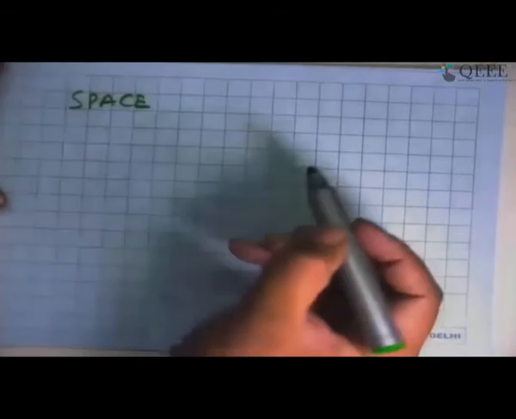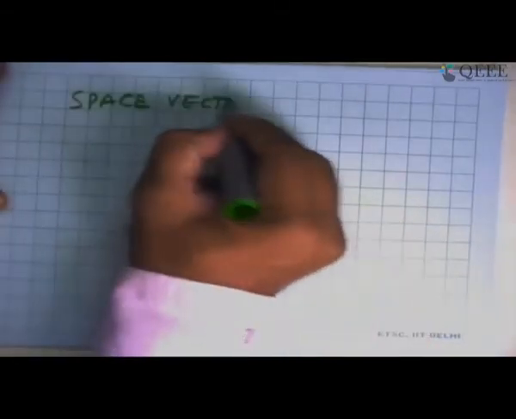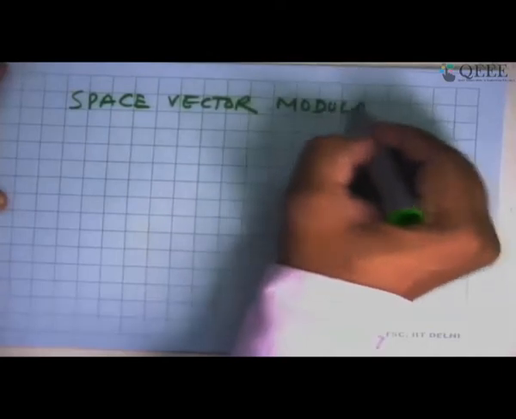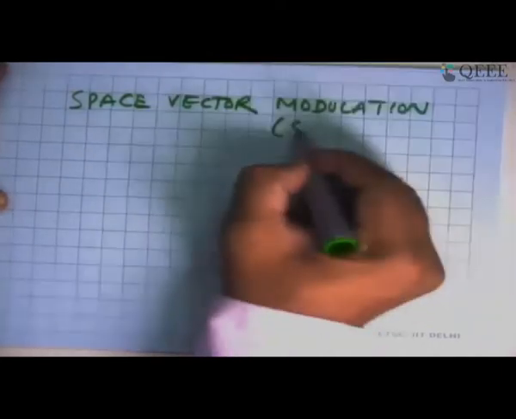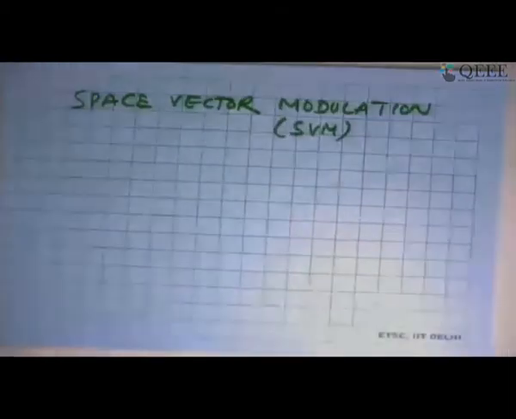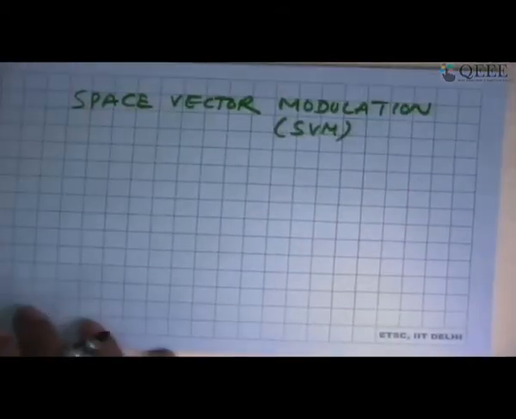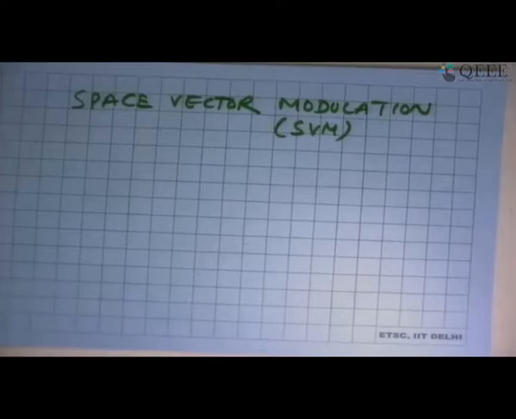So the method is called space vector modulation. What does this method do?